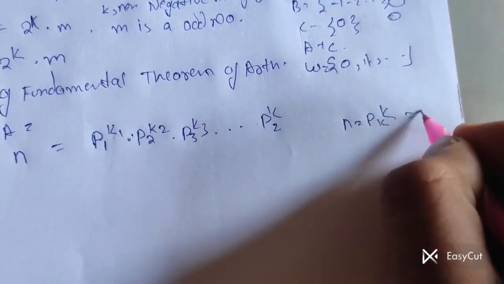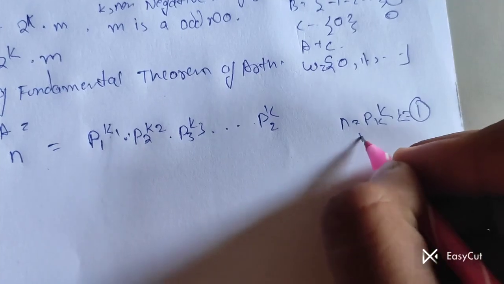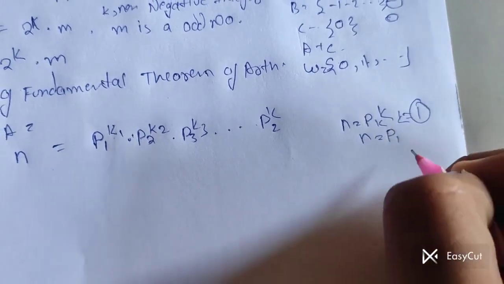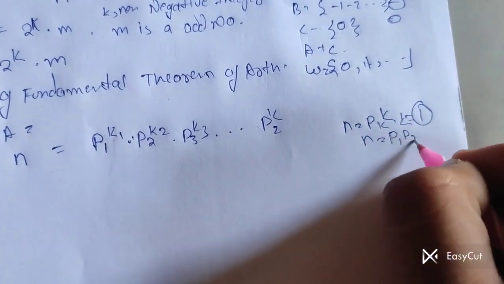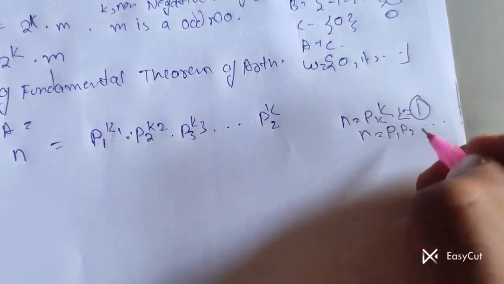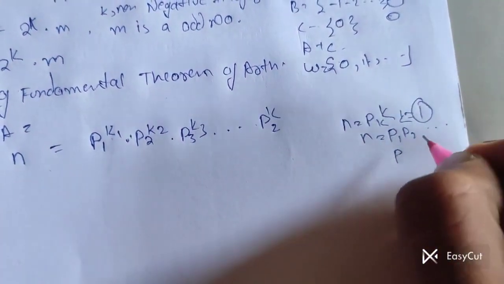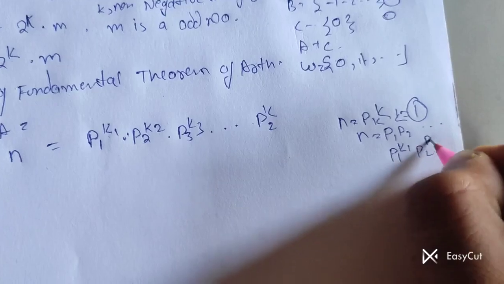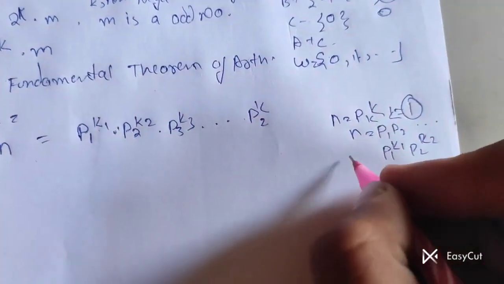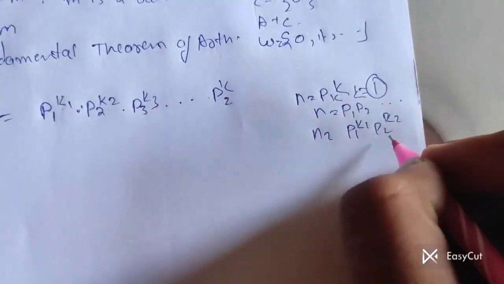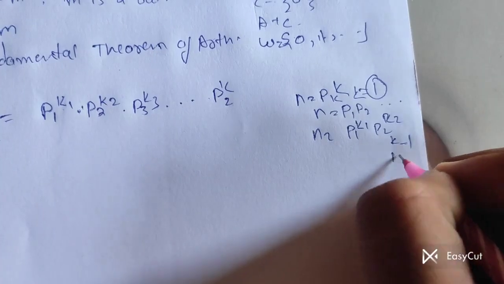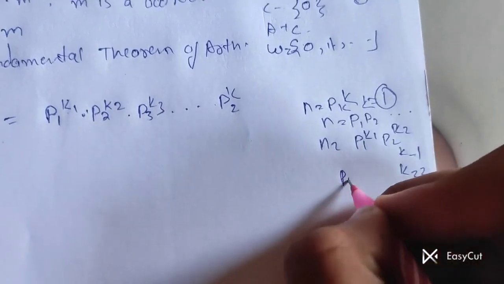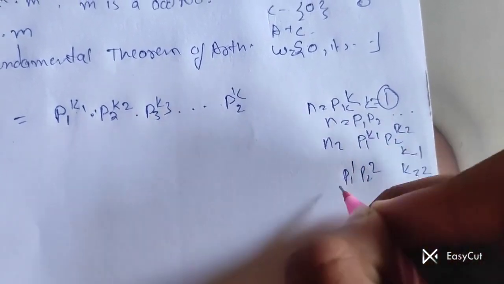It means that if k is equal to 1, in that case p1 is a factor of n. For p2 again, if we have k2, then p1. If, for example, p1 to the power k1 and p2 to the power k2 are factors of n, then if k1 is equal to 1 and k2 is equal to 2, in that case p1 to the power 1 and p2 to the power 2 are factors.